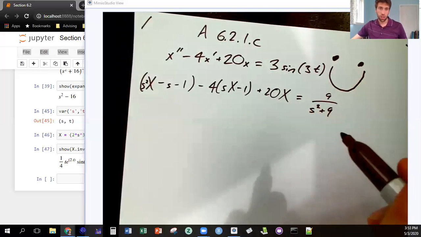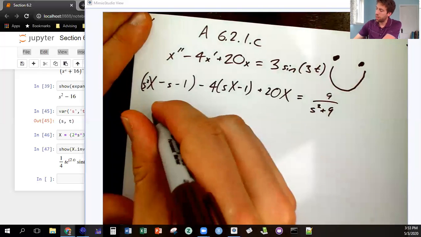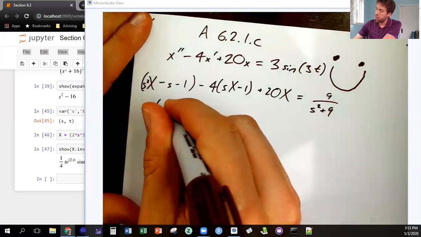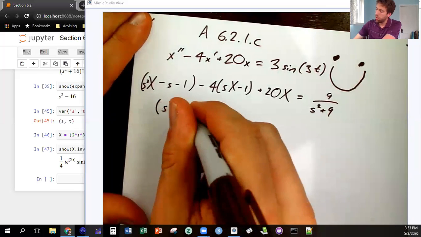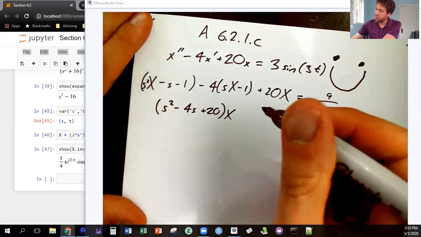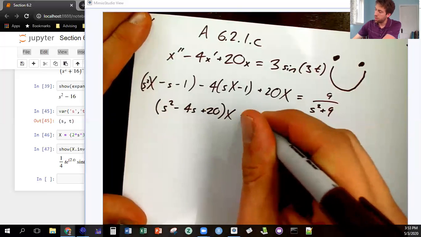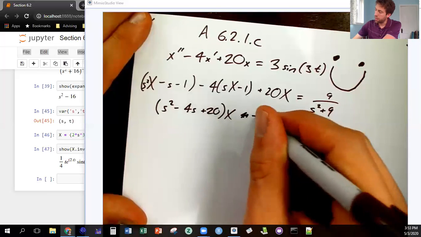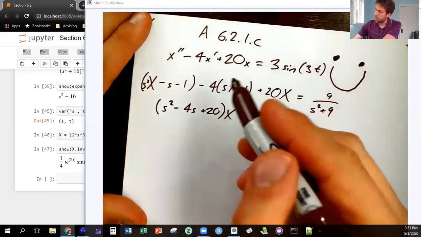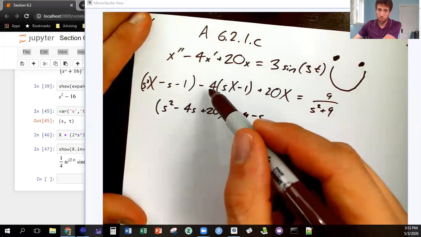So now we solve for X. So you've got s squared minus 4s plus 20 times X, plus, no, minus s, and then I've got a minus 1 and a minus minus, so plus 4.